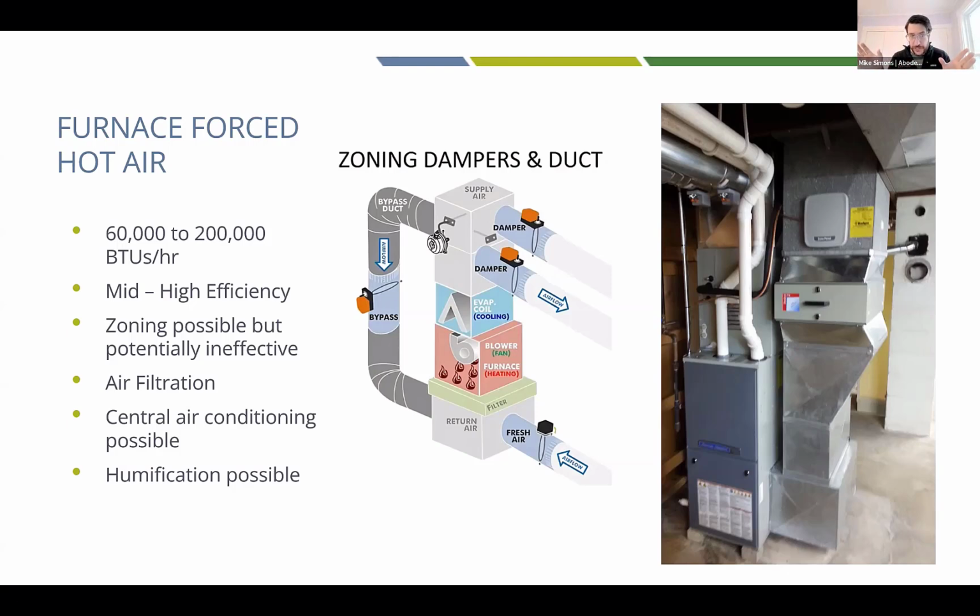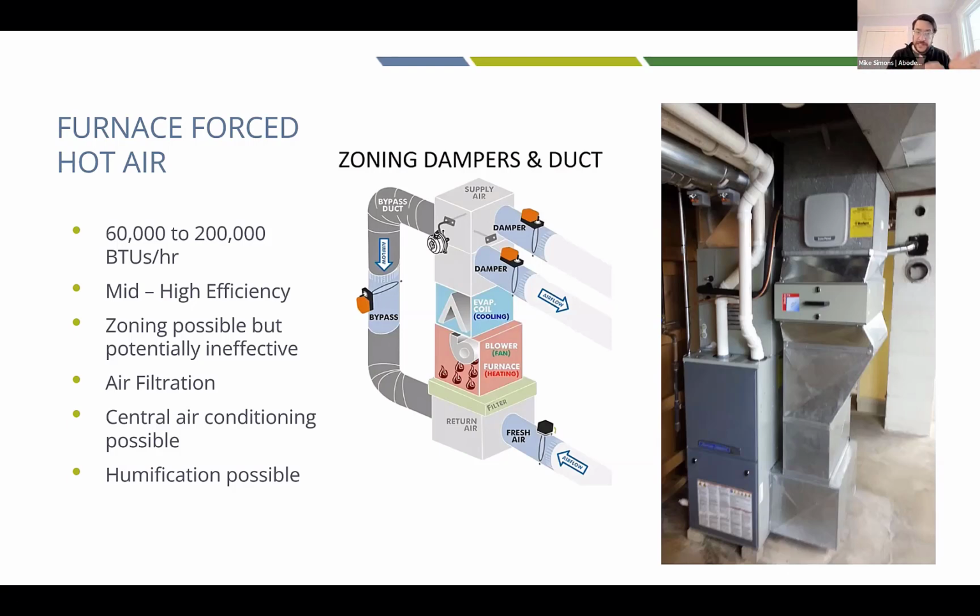I think that zoning makes a lot of sense anytime you have more than one story or floor. It should have its own zone, or alternatively, if there's ever a room that is performing differently because of architectural reasons or design build reasons, that should also have its own independent zone. So say that you put on a brand new addition and you spray foam everything and you run ductwork into that space, it's going to be performing wildly differently than the original portion of the home.